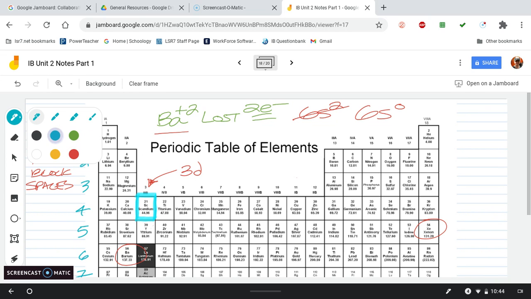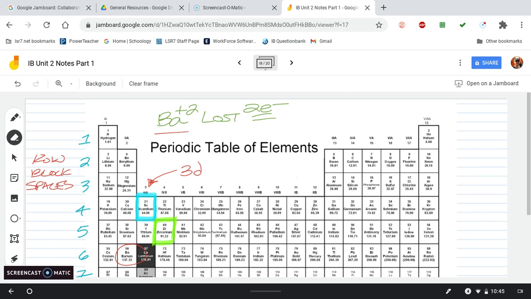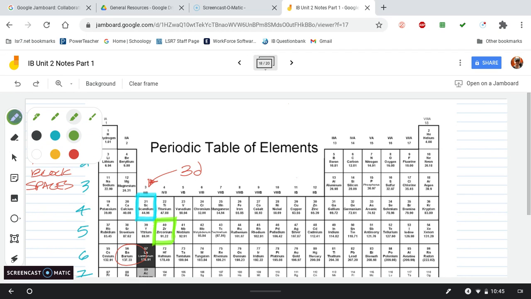All right. Now let's talk about something different. Let's look at something like zirconium right here. So let's say zirconium is also a plus 2. Okay, so let's clean this up and give us a little bit of space. So we've got zirconium, and it is also going to be a plus 2.